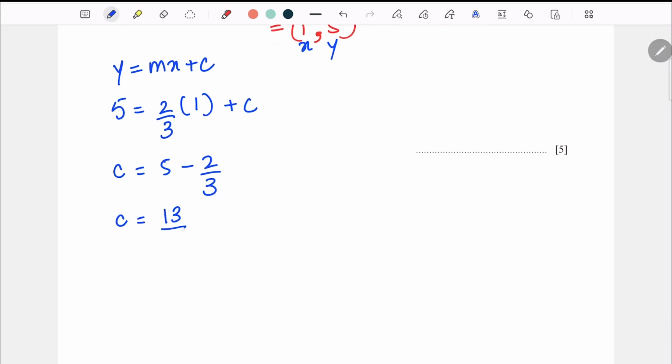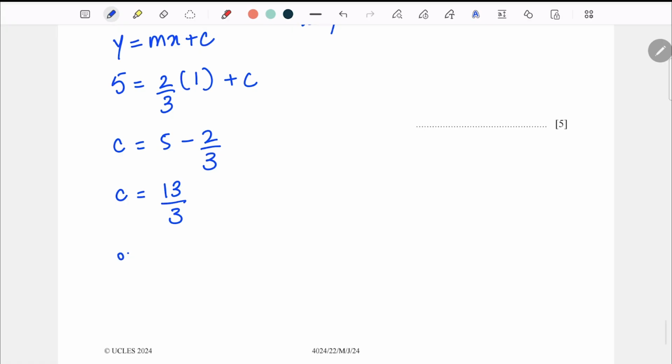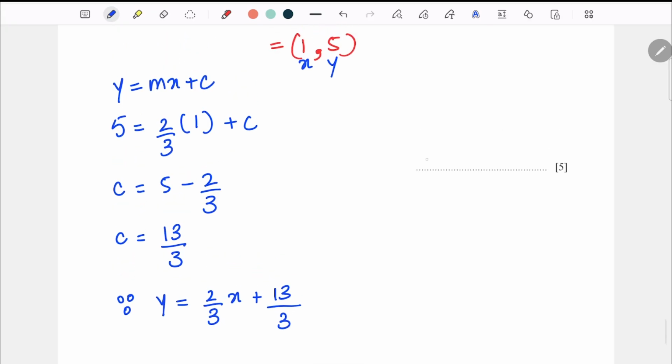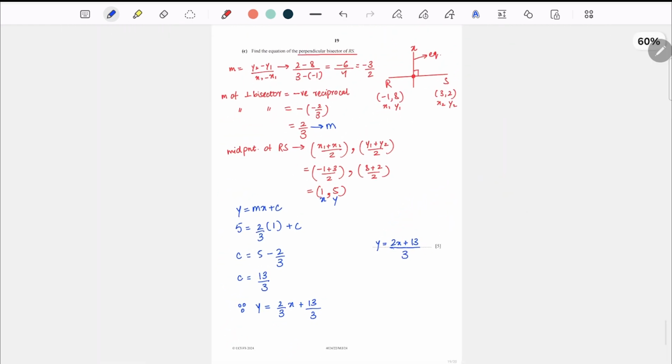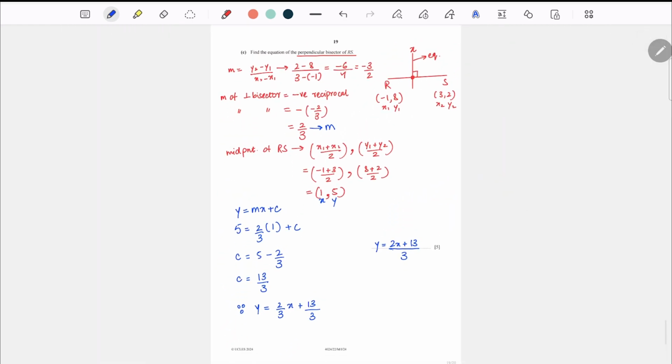C is 13 divided by 3. So the overall equation will be y is equal to m, which is 2 over 3 x, plus c, which is 13 over 3. So y is equal to 2x plus 13 divided by 3. This is the final equation for the perpendicular bisector.